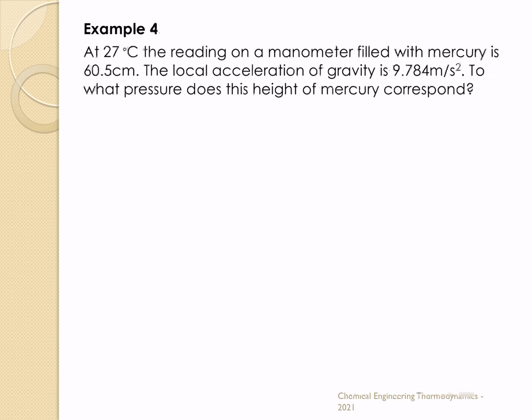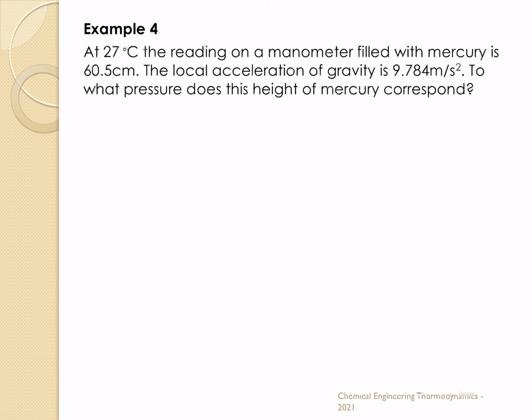Let's look at one more example. At 27 degrees C, the reading on a manometer filled with mercury is 60.5 centimeters. Take note of that.